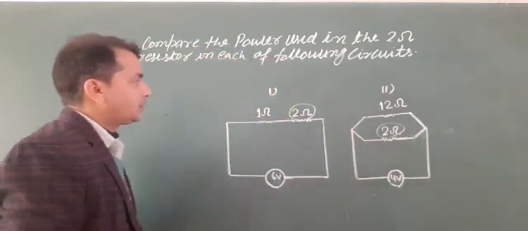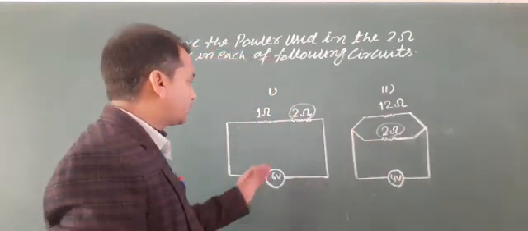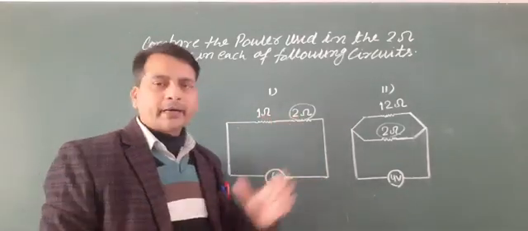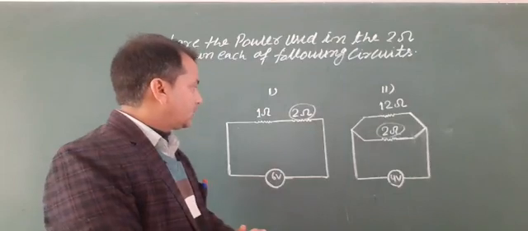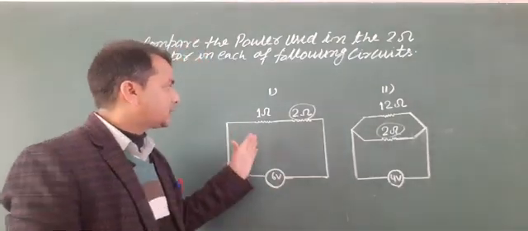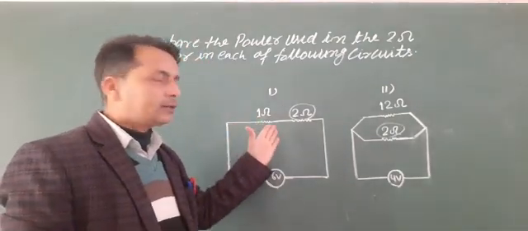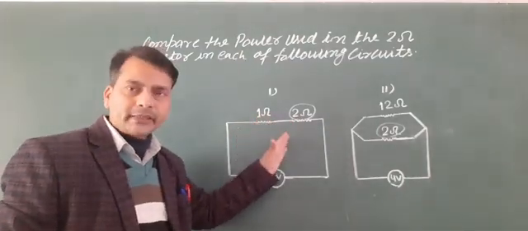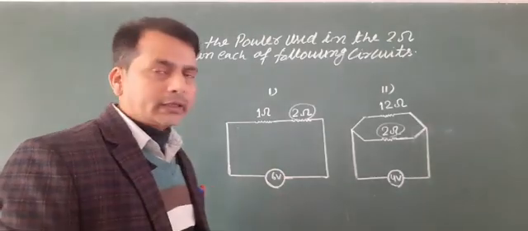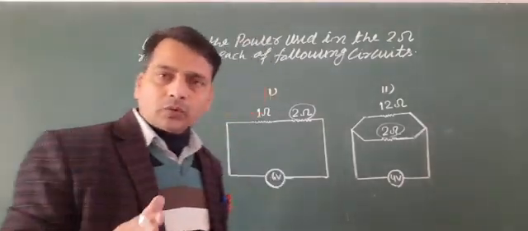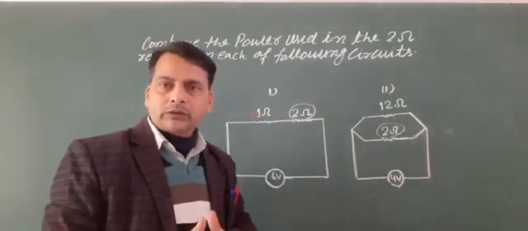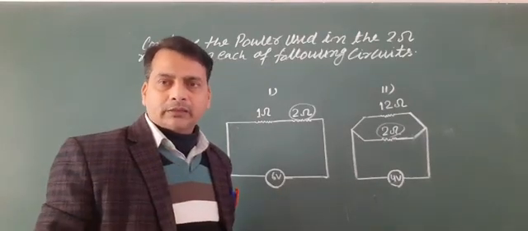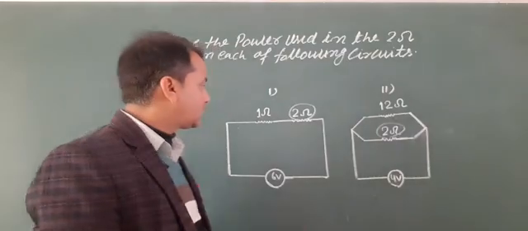So first of all, the power on the 2 ohm resistor. In the first circuit, the 1 ohm and 2 ohm resistors are used in series combination. As you know, if two or more resistors are used in series combination, the current flowing in each resistor will be the same.